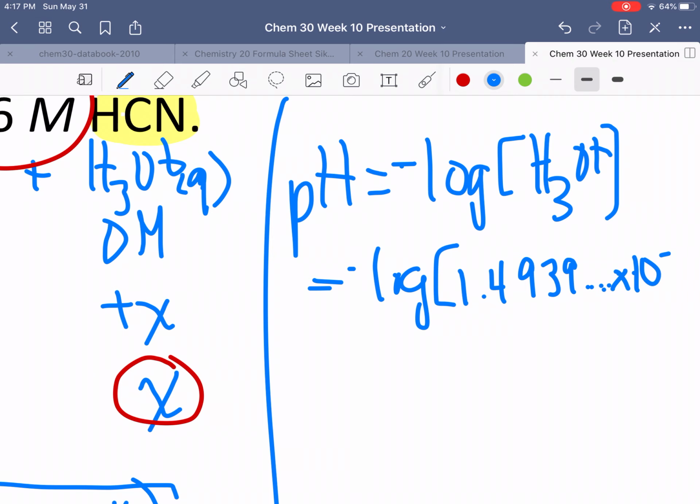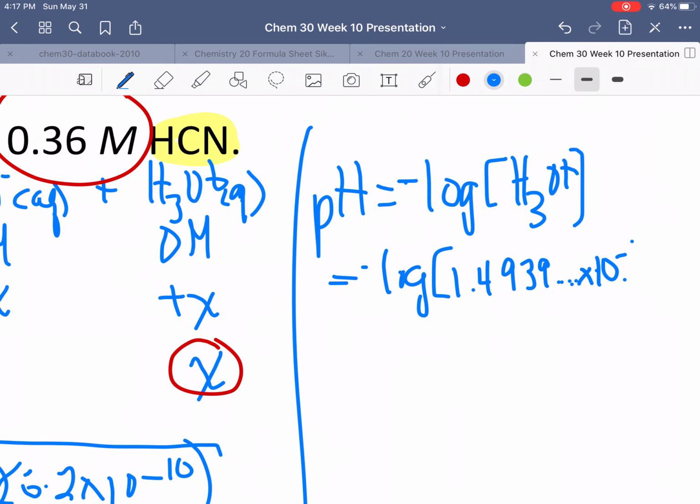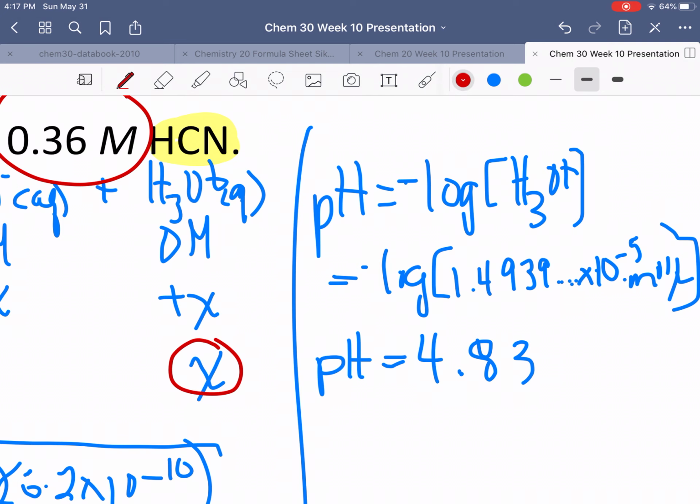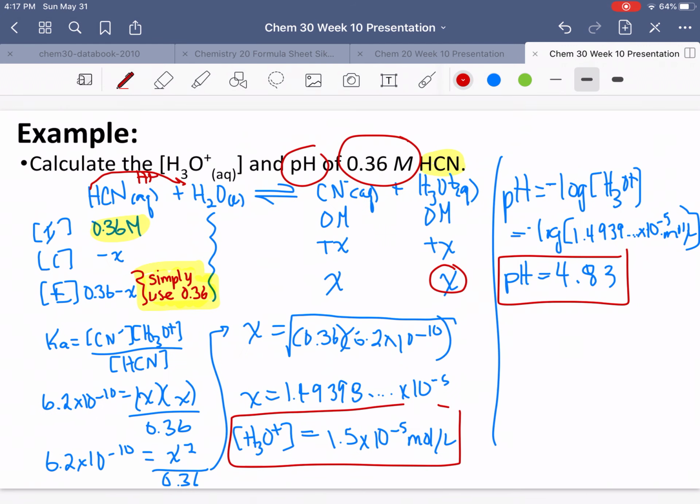Plug it in, number crunch. Now we need 2 sig digs. pH equals, the 4 is not significant, 8.3.